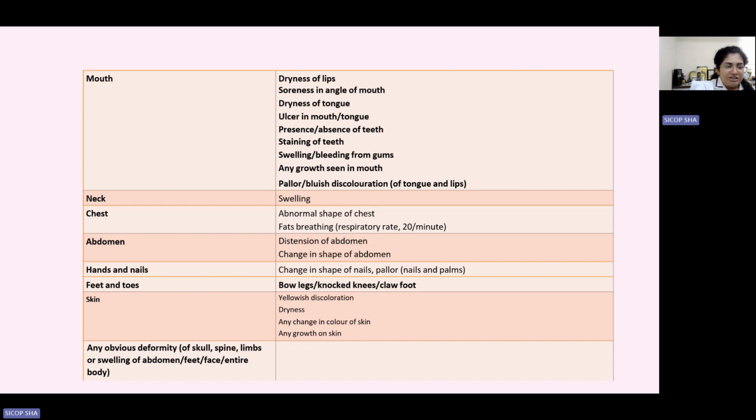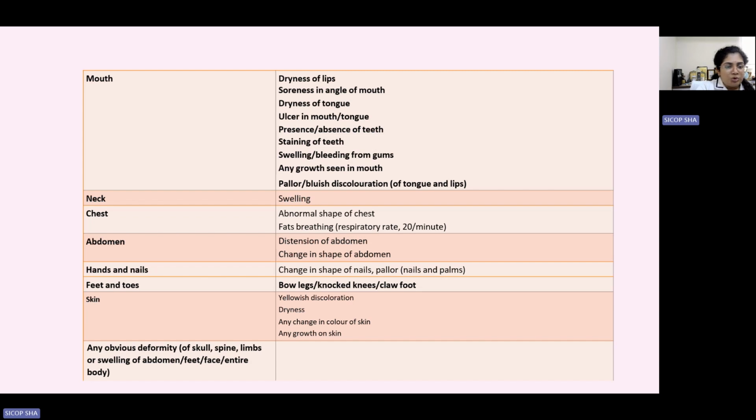Neck: swelling. Chest: abnormal shape, fast breathing; here we can correlate the respiratory rate. Abdomen: distension, change in shape. This should be observed.